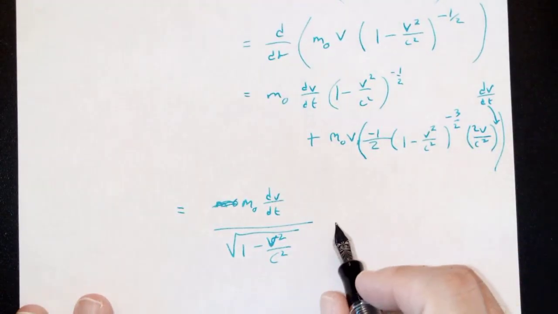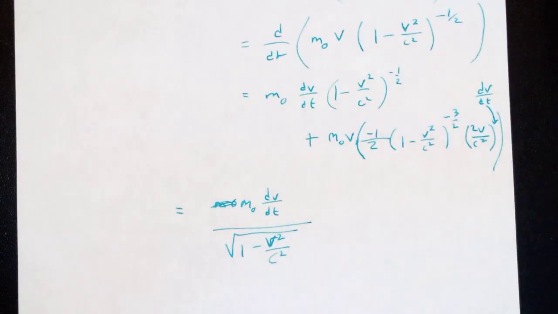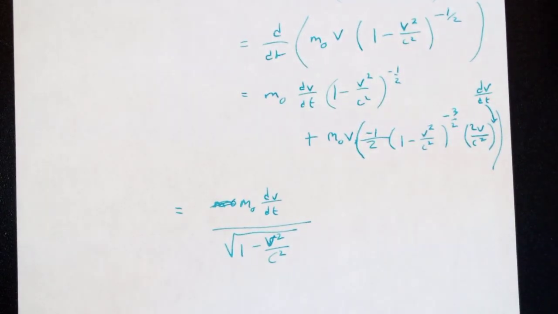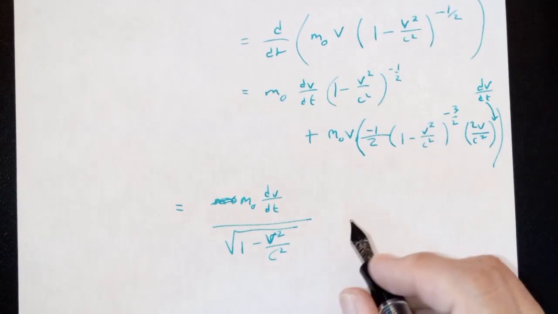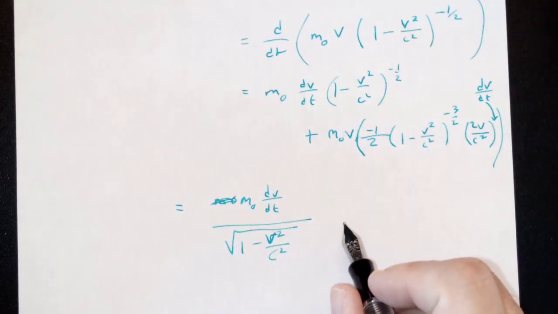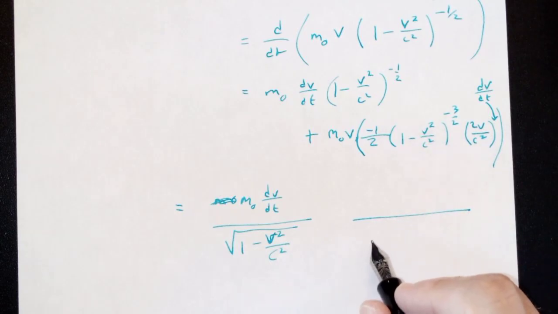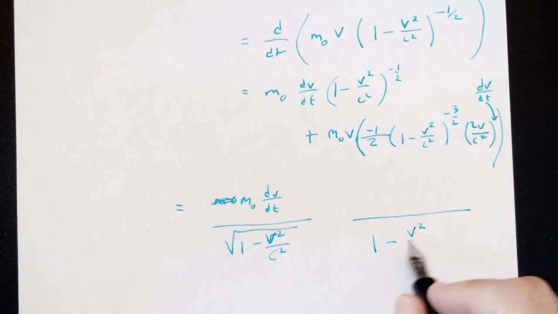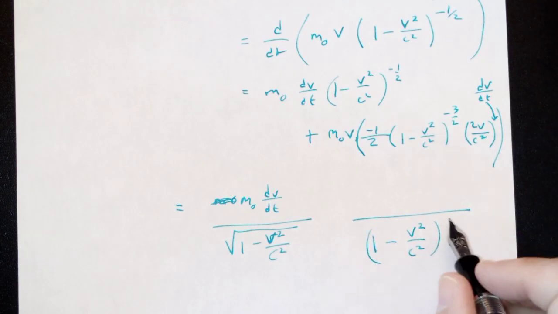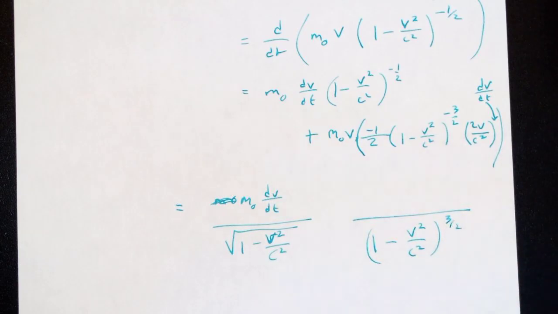This is to a negative 3/2 power. So far, so good? I just put it in the bottom. Haven't dealt with the top at all.